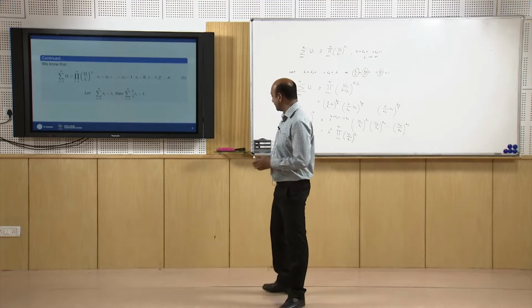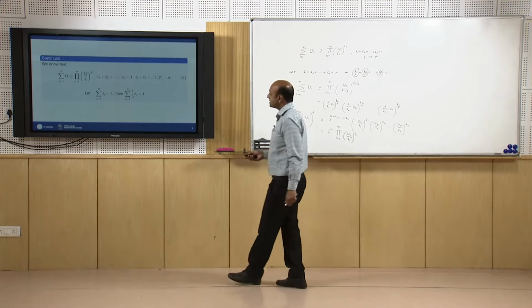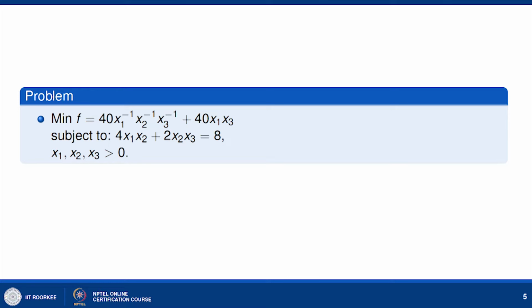How we will do that? Let us discuss this by an example. To illustrate how we can solve such type of problem using the inequality, let us discuss it by an example. Suppose we have this example: minimizing f equals 40 x1 raised to power minus 1, x2 raised to power minus 1, x3 raised to power minus 1 plus 40 x1 x3, subject to, you divide this constraint by 8.